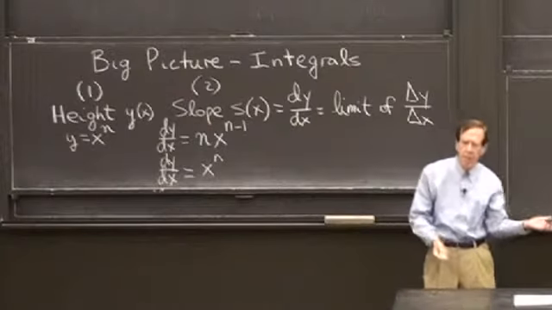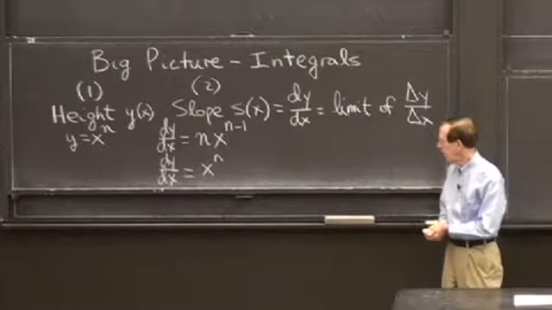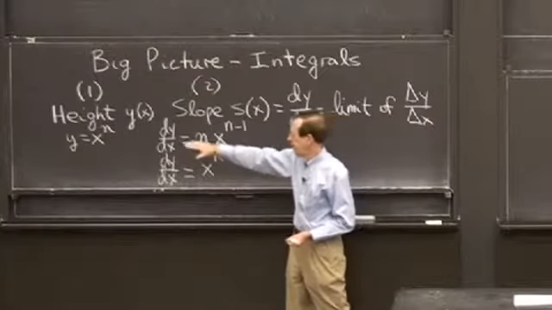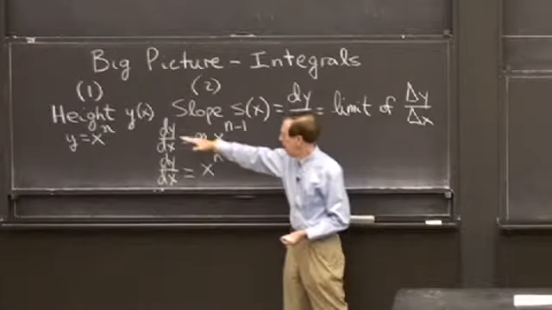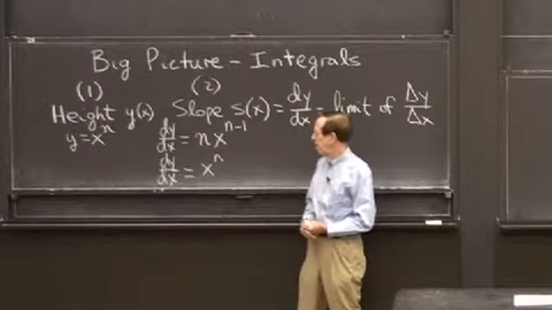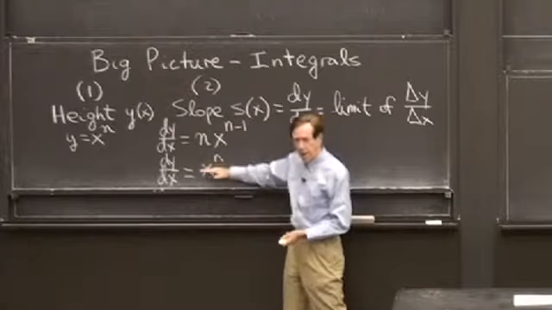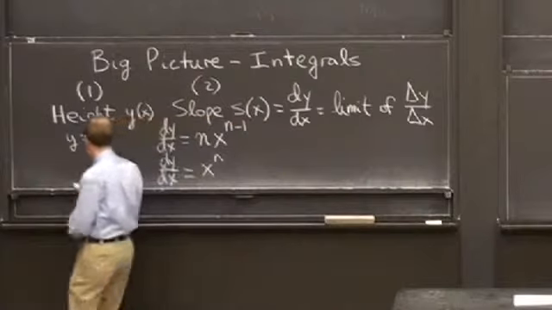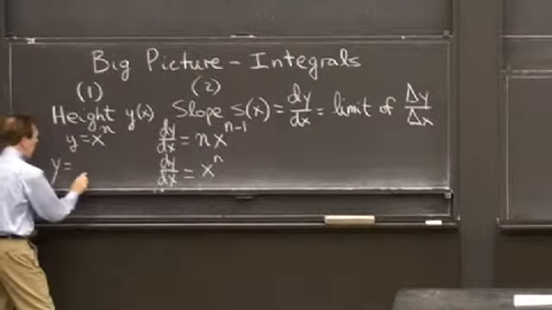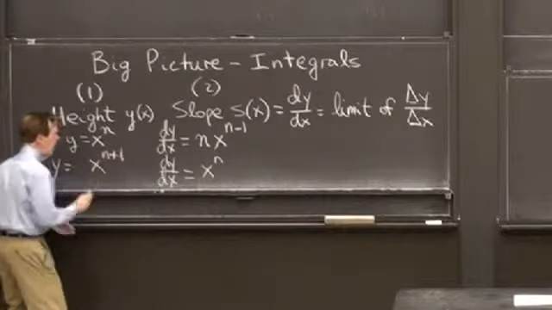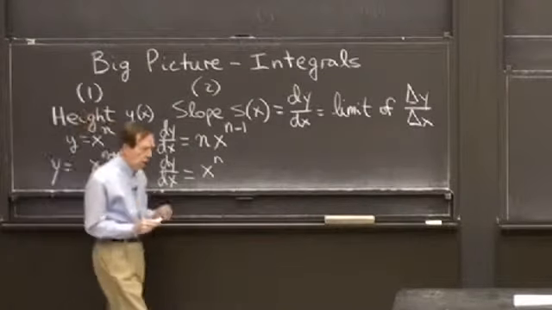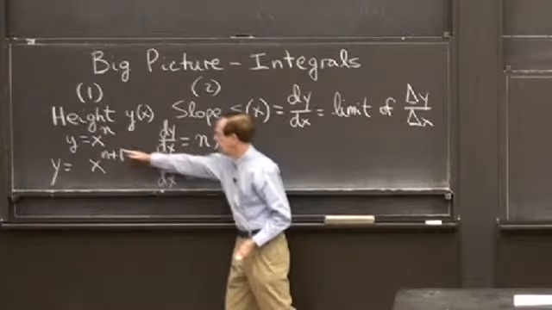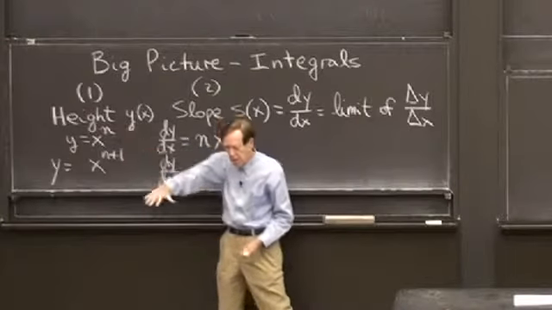Where does x squared come from? Well, look at this rule. That rule said that for these power functions, the power drops by 1. So if I want to end up with x to the nth, going backwards, function 1 had better involve an x to the n plus 1. But that's not perfect, because when I take the slope of that one, this exponent, n plus 1, will come down.